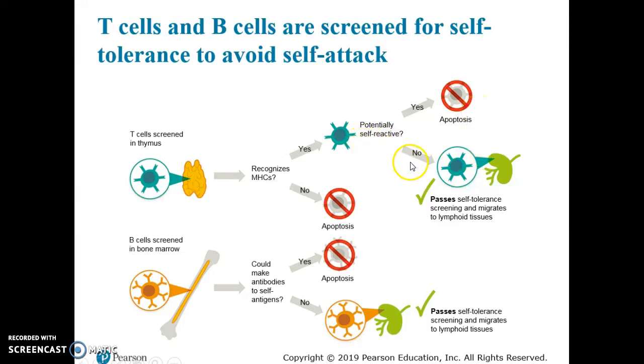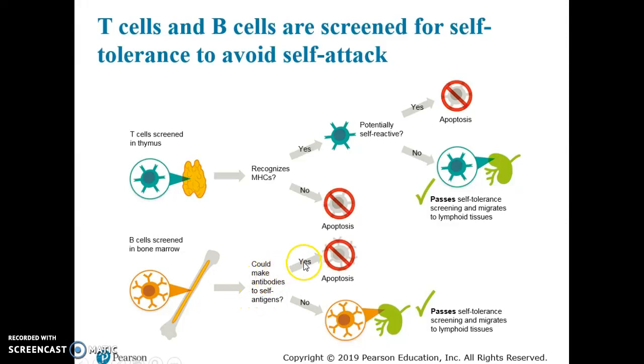If it's not, at this point, it does not recognize self-antigen in the spleen or in the lymph node, then it passes self-tolerance screening and migrates to additional lymphoid tissues and can become activated. Same here with the B cell: could it make antibodies to self-antigens?